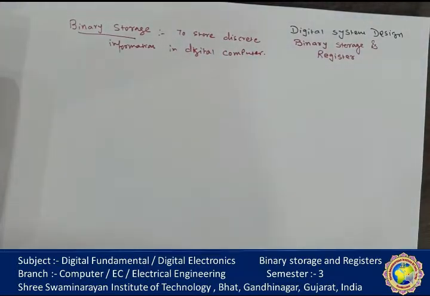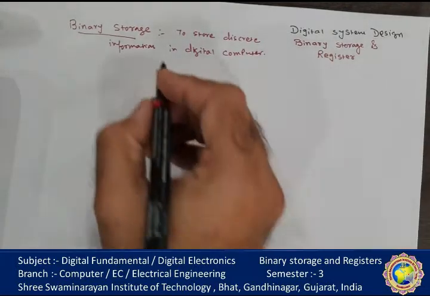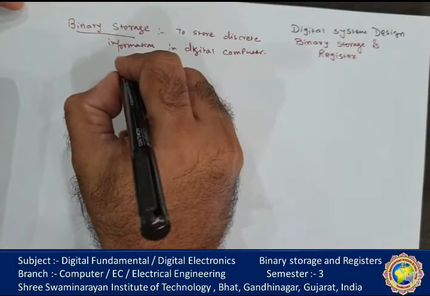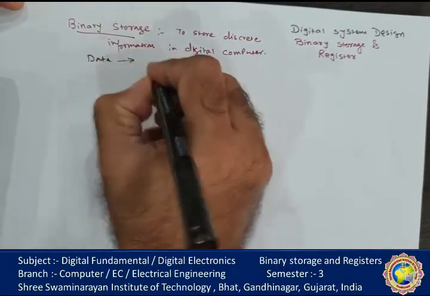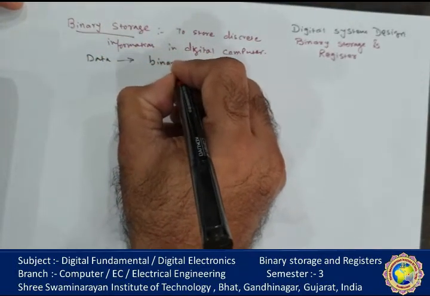Furthermore, when discrete elements of information are represented in binary form, the information storage medium must contain some binary storage element for storing individual bits. A binary cell. Here, whatever data is stored is in the form of binary.